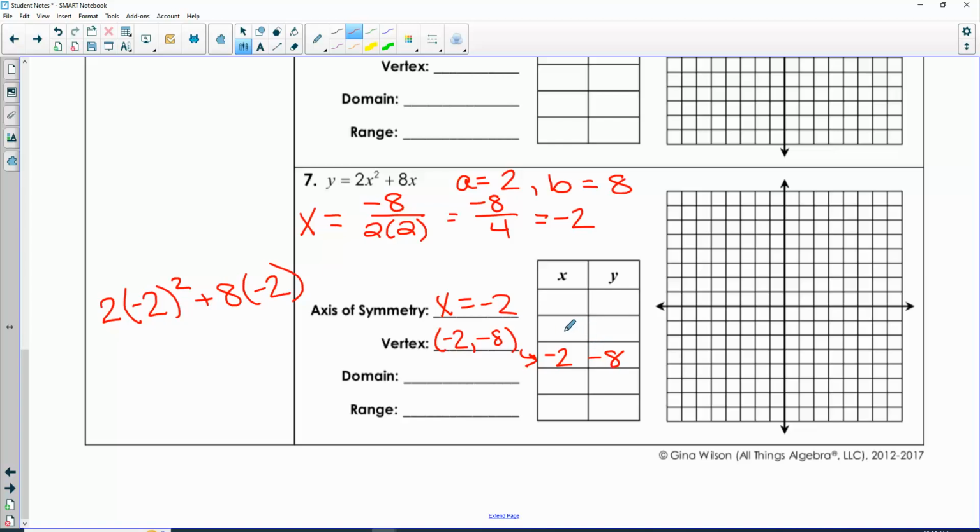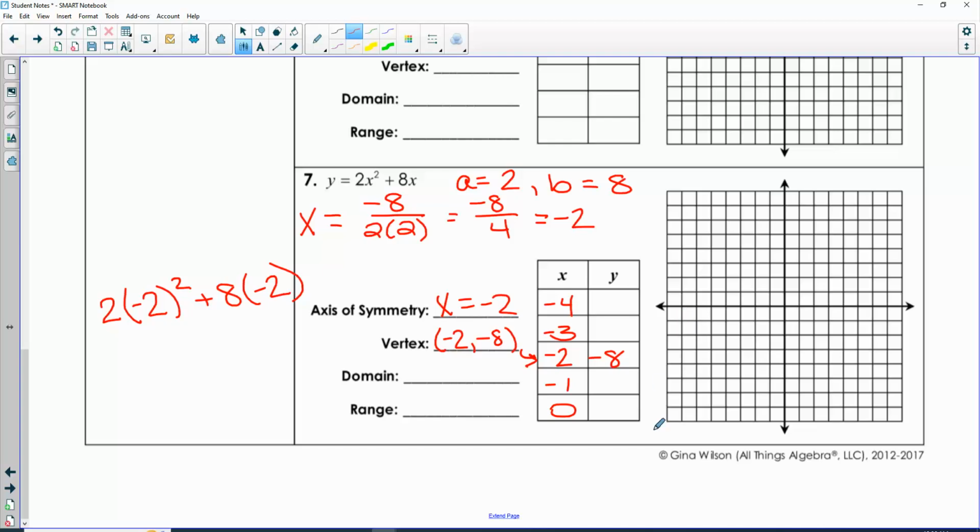We have to plug in numbers smaller than -2. So maybe a -1 and a 0. Whoops, those are bigger, aren't they? Doesn't really matter which direction you go in the table as long as you do both ways. So if you did 0 and -1 first, that's fine. Smaller would be -3 and -4. Bigger, -1 and 0. But just as long as you get both sides, I don't care what order they're in your table.